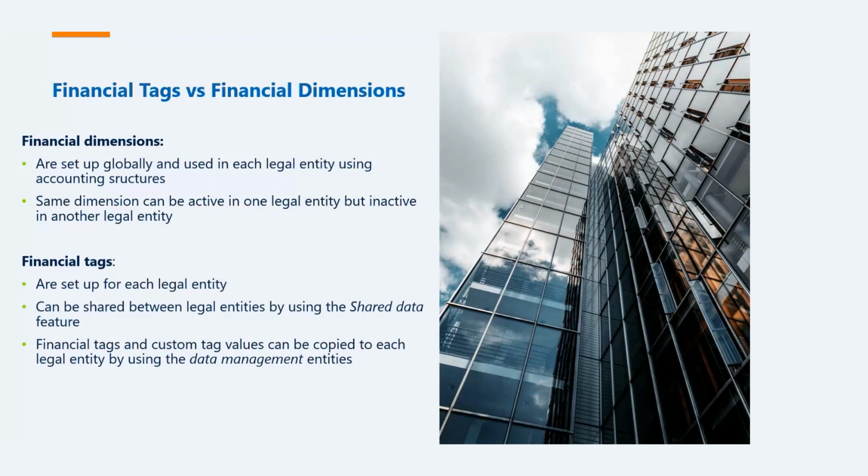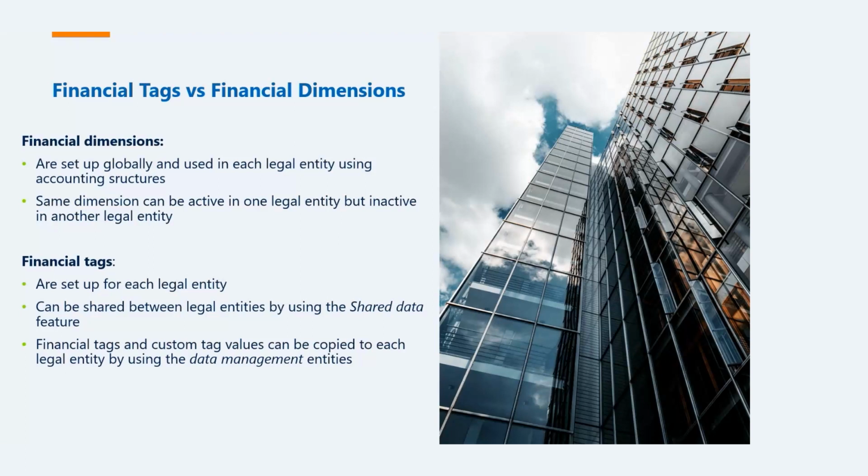If there is a scenario where you want to have the same data between different companies, you could use a shared data feature to have the same data between legal entities. So that's one. Another thing is just to use data management entities. Those data entities are there by default. You don't need to create new data entities to transfer data. They are there out of the box.